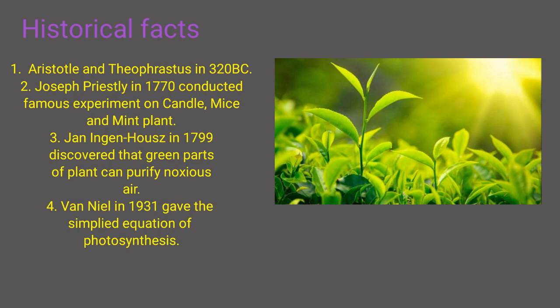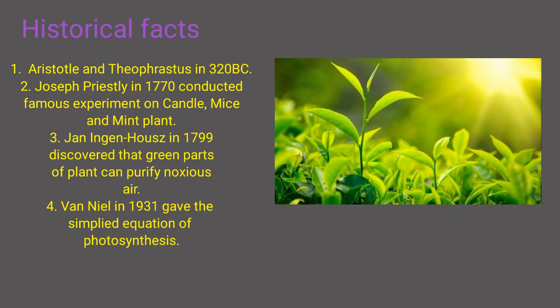Then there are many other people involved in the whole process, such as Engelmann, Blackman, Robert Hill, Ruben and Kamen, then Calvin, Hatch and Slack, Huber, Michel, and Deisenhofer. In that way, they contributed many facts about the whole process of photosynthesis.